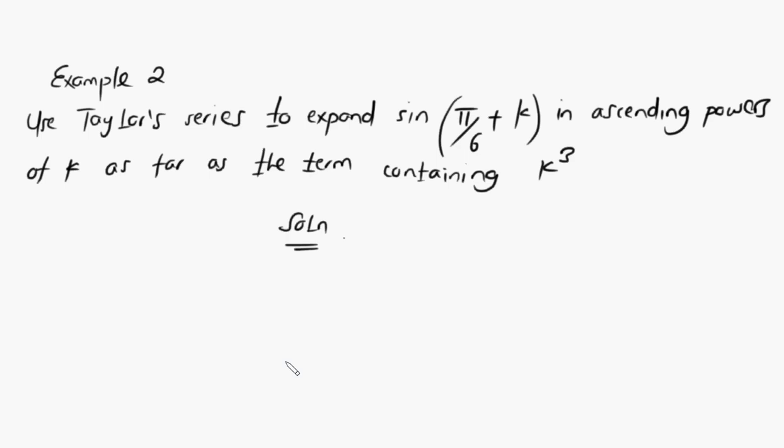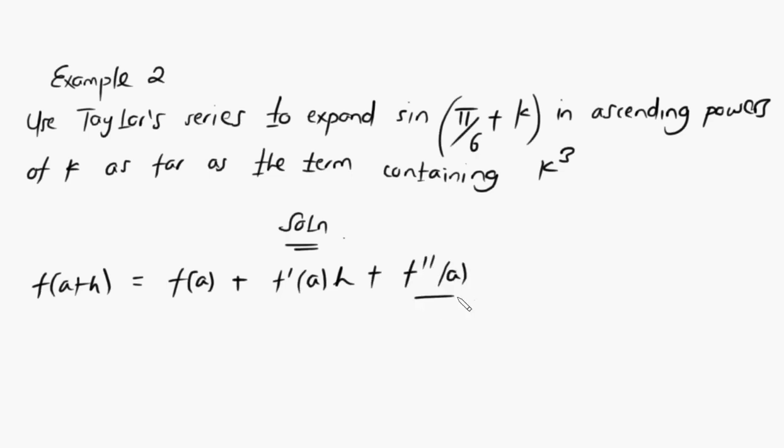Remember, in the previous Taylor series video tutorial, I represented two kinds of Taylor's expansion. The first was f(x), the second was f(a plus h), which we said expands to f(a) plus f dash a, that is the first derivative of a, times h, plus f double dash a over 2 factorial times h squared, plus f triple dash, meaning the third derivative of f(a), over 3 factorial times h cube, and so on.